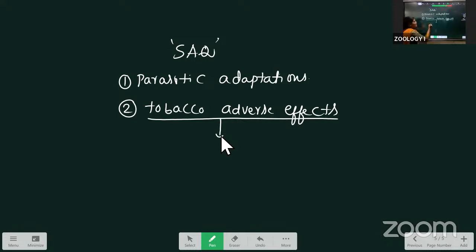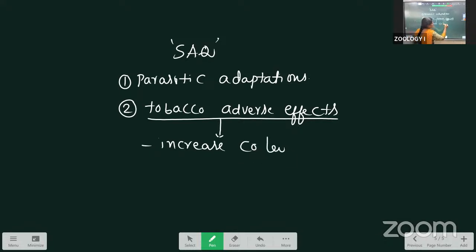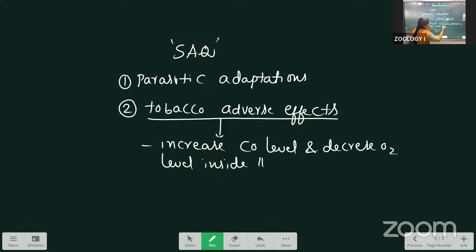Tobacco increases the carbon monoxide level and decreases the oxygen level inside the blood. Since carbon monoxide is increased inside our blood, automatically oxygen will be decreased.